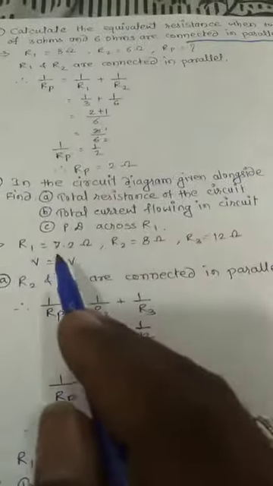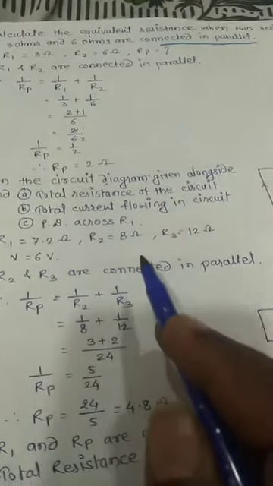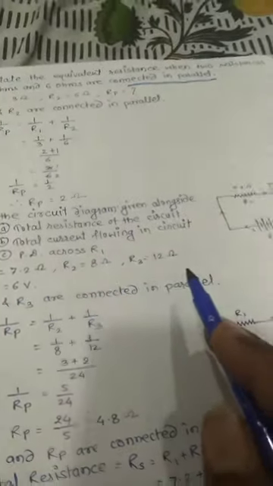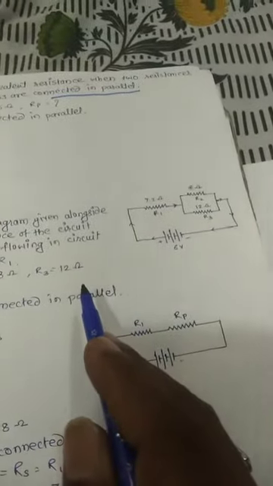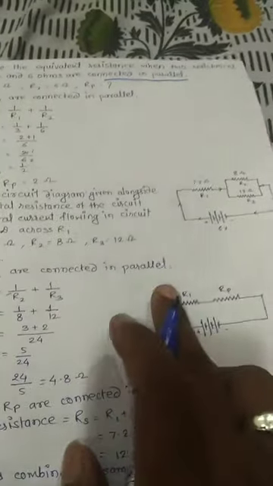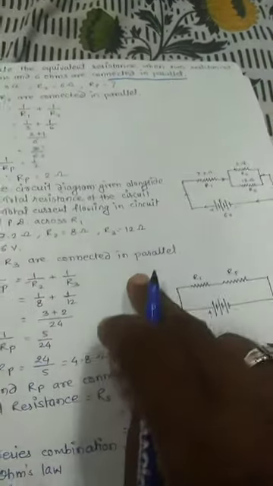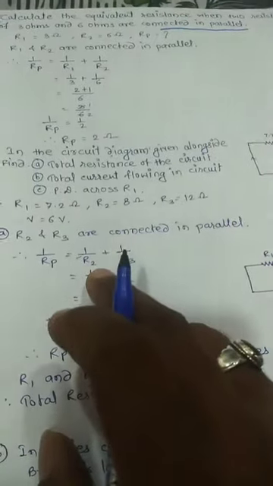So first, the given part. What is the given part? R1 is 7.2 ohm, R2 8 ohm, R3 12 ohm. It is given in the figure. Clear, students? Now R2 and R3 are connected in parallel. So the resultant resistance in parallel combination: 1 by Rp equals to 1 by R2 plus 1 by R3.